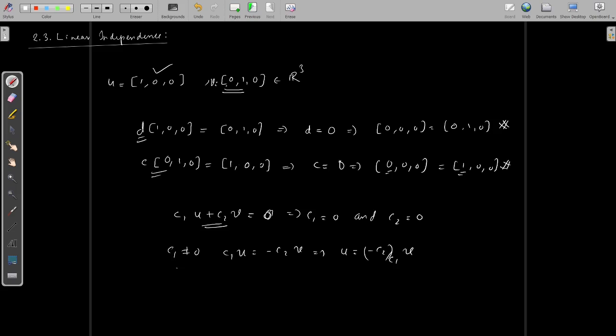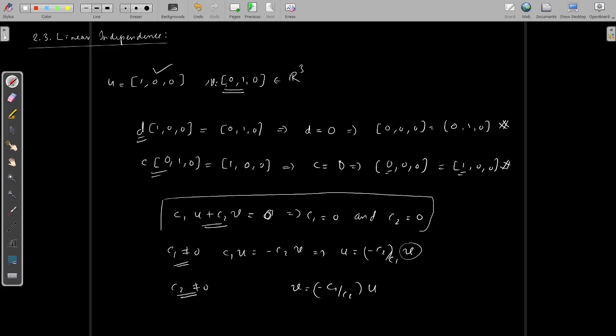So whenever c1 is not equal to 0, u is a multiple of v. When c2 is not equal to 0, you can similarly say that v is a multiple of u. But we have proved that neither is a multiple of the other in any case. So this holds: both the coefficients should be 0.